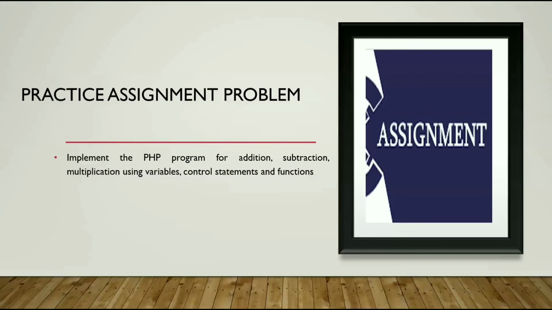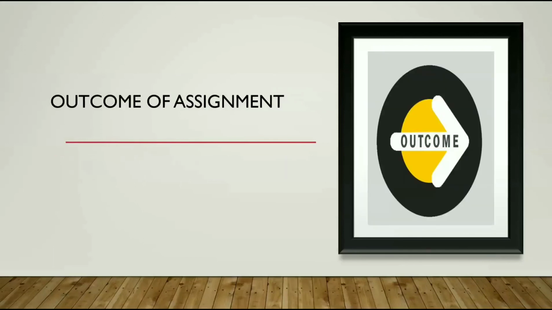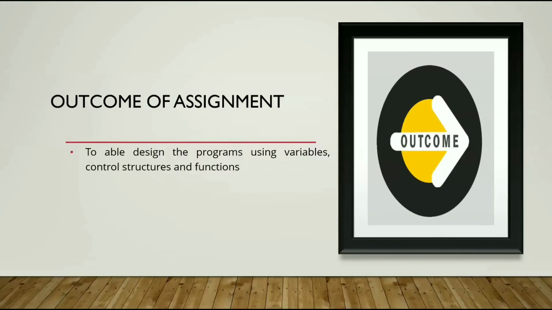For addition, you can assign the variables and pass the values from the function call so that it gets executed. In that you can use the switch control statement, conditions and so on. The outcome of this assignment is to be able to design programs using variables, control structures and functions.